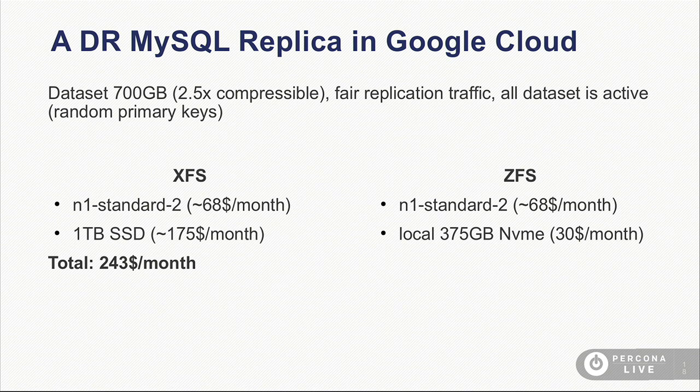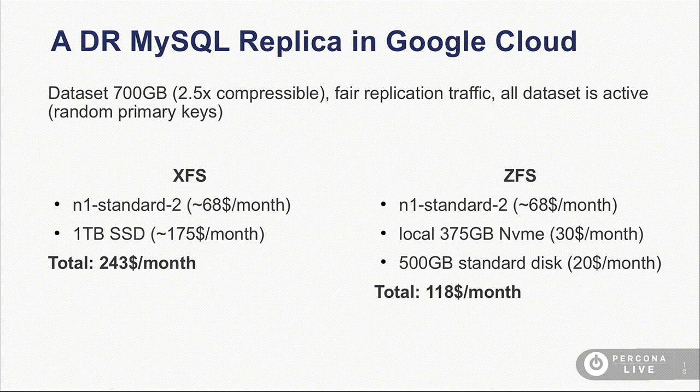It's only $30 per month, and it's very fast. And you then use a standard spinner for the streamed binlogs, streams, backups there. So the cost there, even though there's a bit more stuff, it's only $118.